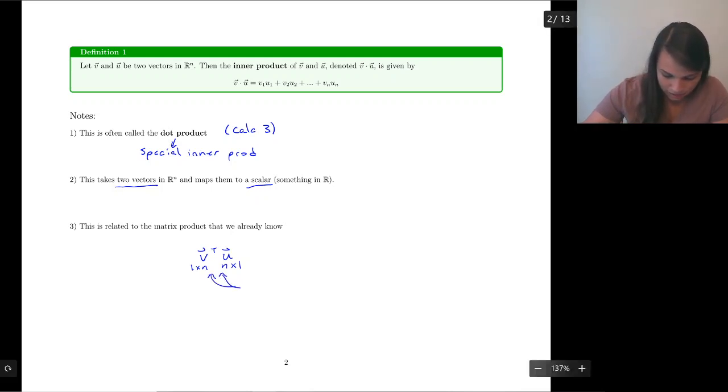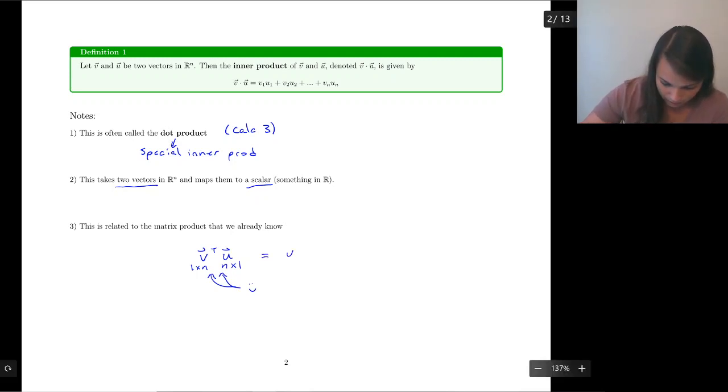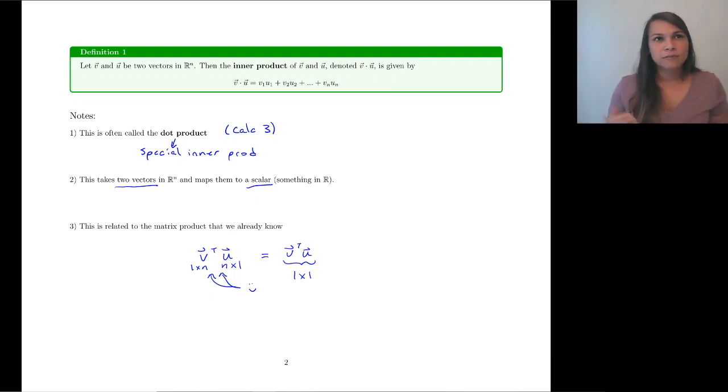The dimensions are now good to go. They match. And then when you look at the result, this is going to be a 1 by 1, which is a scalar. So just like we had. So we're still related to the matrix multiplication that we did before, but we don't really want to bother with talking about transposes and stuff. I guess we got lazy.